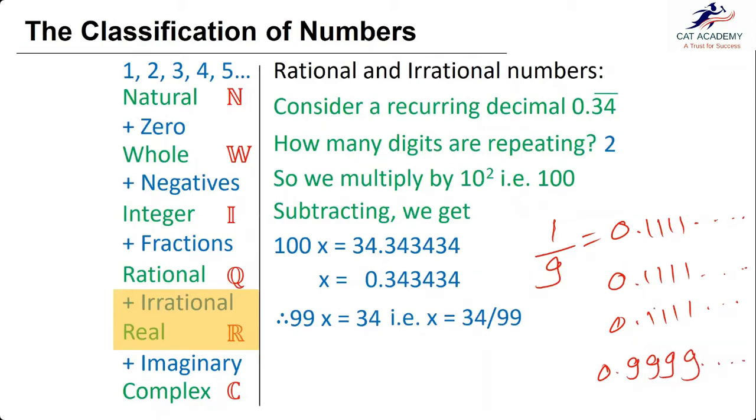But I'm adding 1 by 9 also 9 times, so that's like 9 into 1 by 9. When I do the cancellation, I get a 1. So in that case, it comes out to be something like this, because it is an approximation. 0.99999 is approximately equal to 1. So whenever you are converting it into a fraction like this, we are approximating. Some part of it is getting approximated.